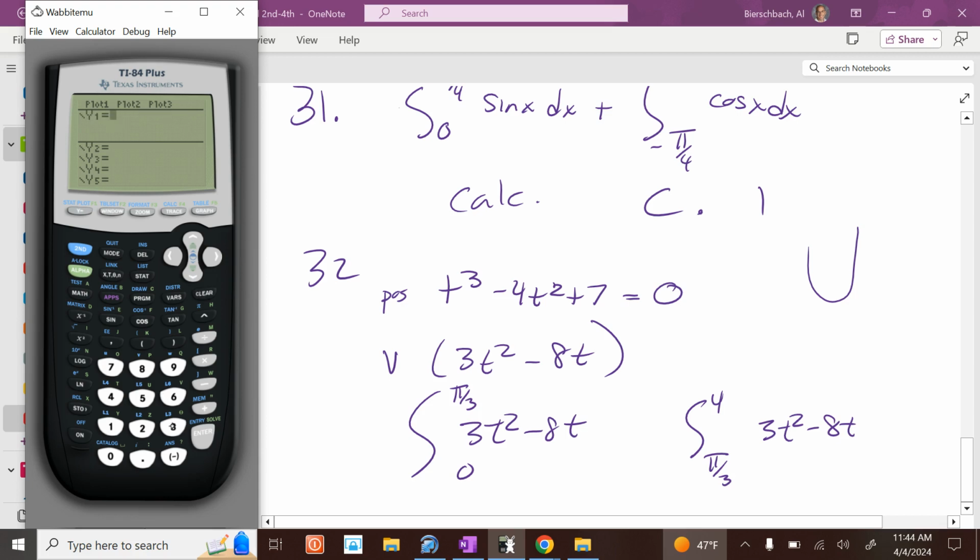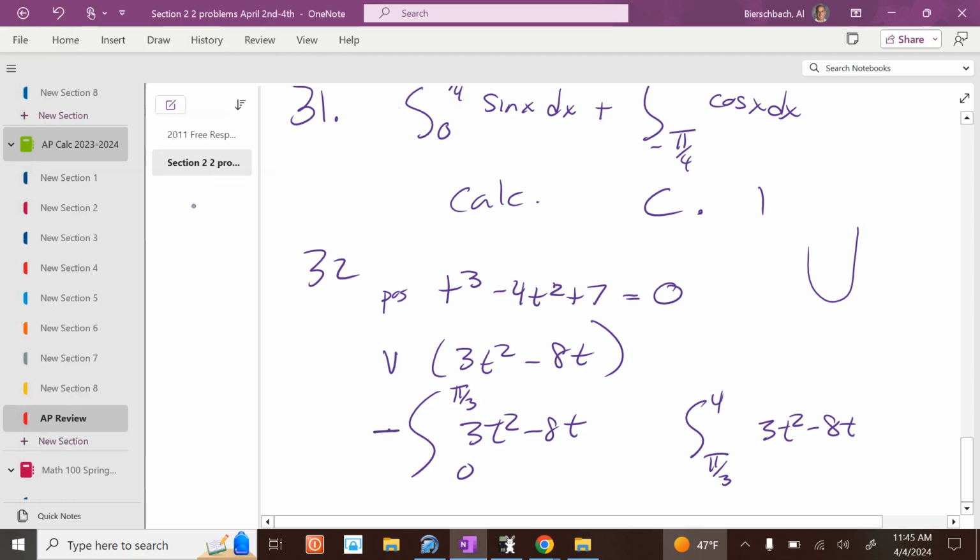So if we graph 3t squared minus 8t, it's going in the negative direction at the start, the positive direction at the end. So I would say it would be negative and then positive. So I would say it's choice D.